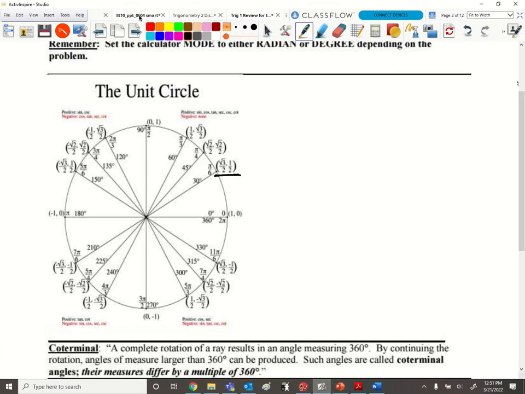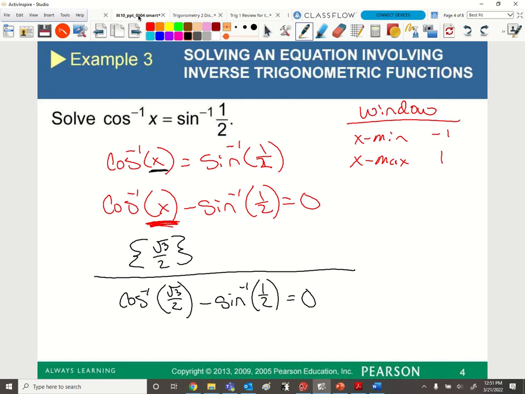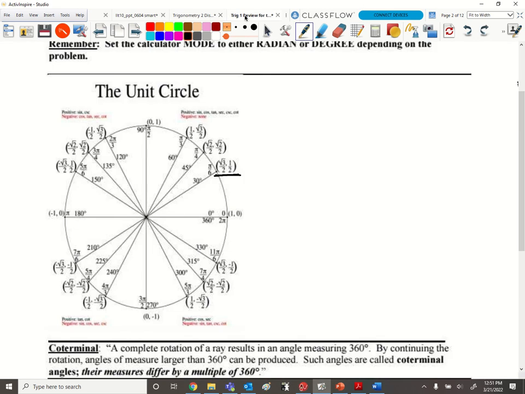There. So this is going to be pi/6 minus arc sine of 1/2. Arc sine is 1/2. So that means where is sine 1/2?